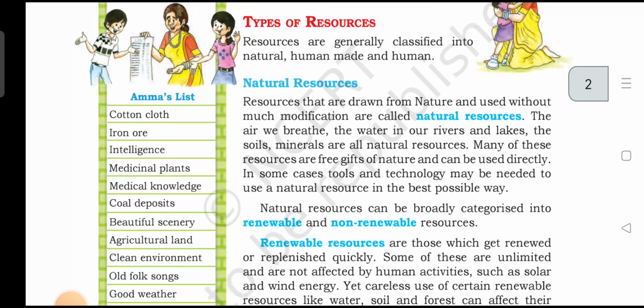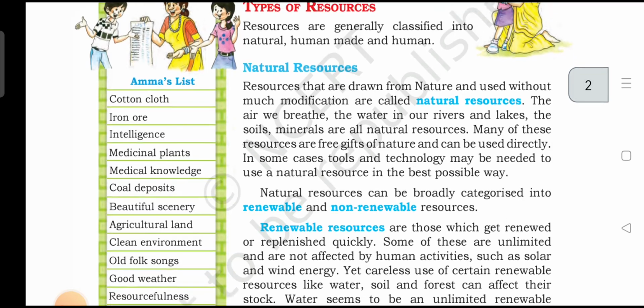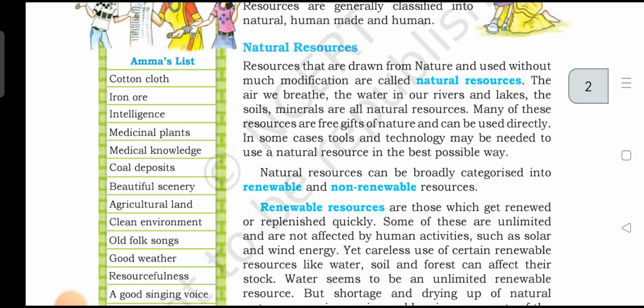Okay, now we will start from types of resources. So resources are basically classified into natural, human-made and human. What are natural resources? Natural resources are resources which are directly drawn from nature and used without much modification.